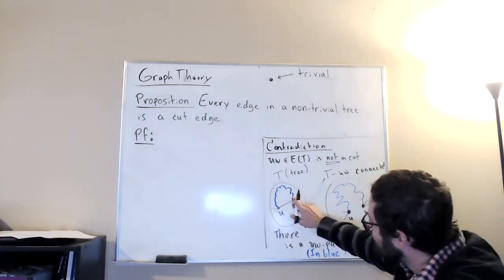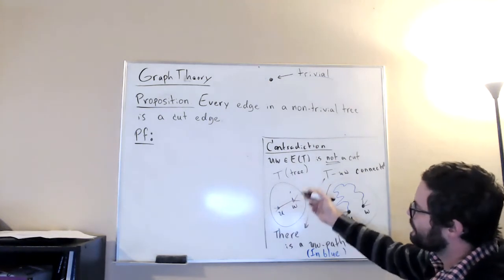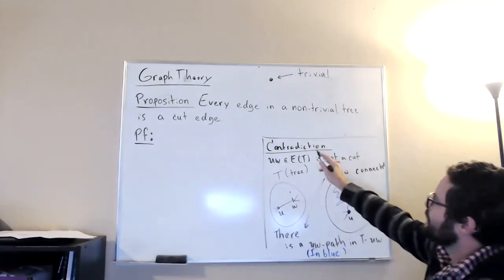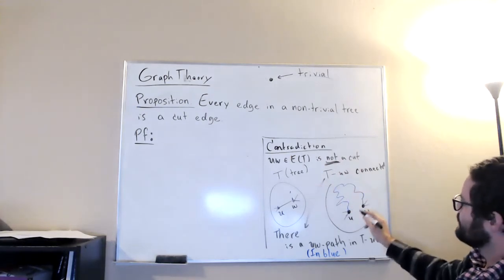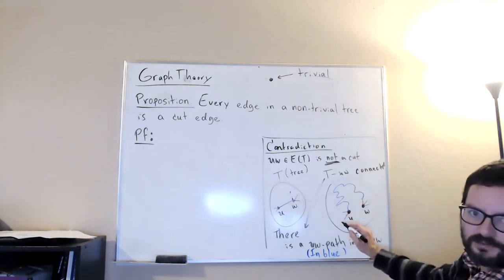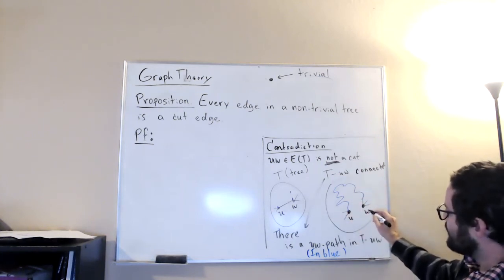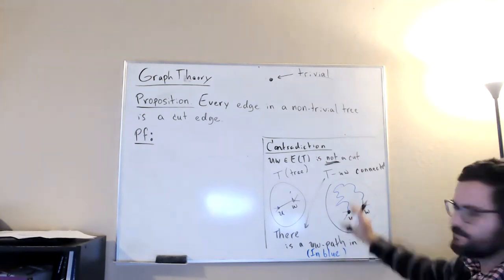Right, so we didn't know that that path existed. We just know that UW is an edge in the graph, and we assume by contradiction that it's not a cut edge. So then we remove it, and since it wasn't a cut edge, this graph is still connected.